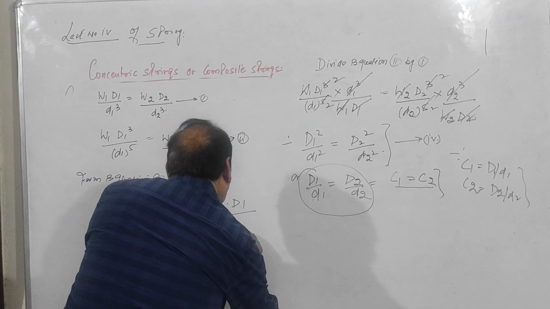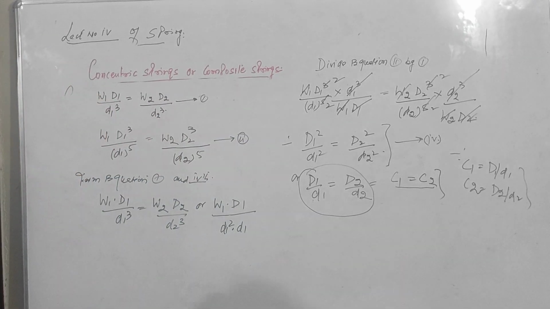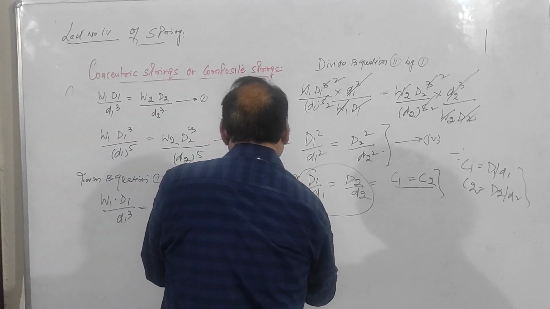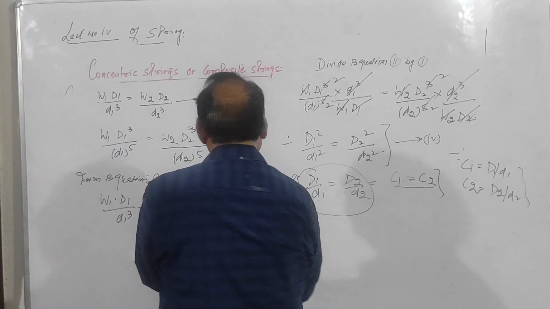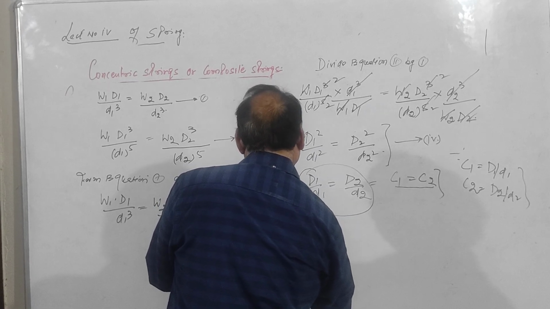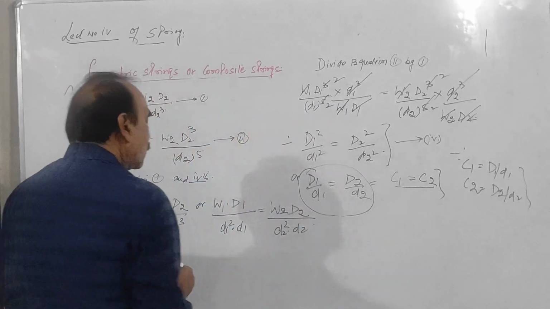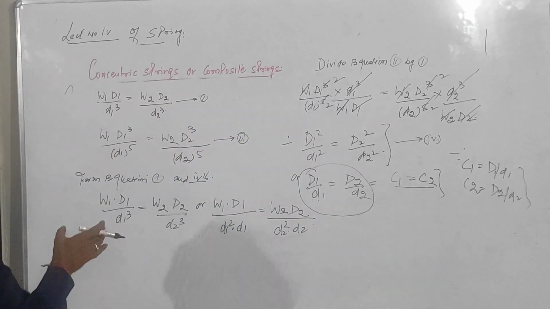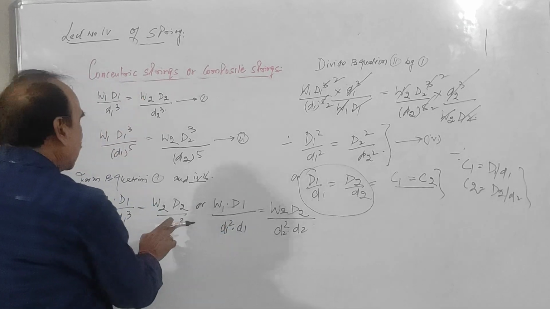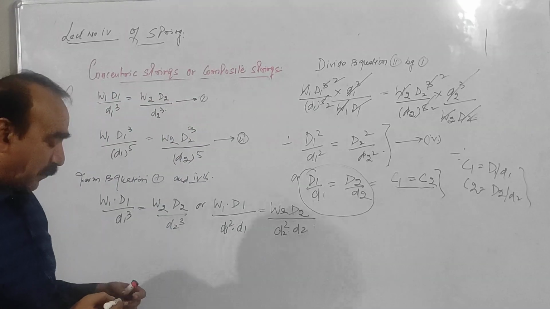D1 स्क्वायर इंटू D1, इज देयर एनी प्रॉब्लम? ठीक है. इसी तरीके से दिस इज इक्वल टू W2. अब इधर आ जाओ D2, दिस इज इक्वल टू D2 स्क्वायर इंटू D2. अब ये सोच रहे होंगे व्हाई आई हैव डिवाइडेड दिस D1 क्यूब इंटू D1 स्क्वायर इंटू D1 और D2 क्यूब इंटू D2 स्क्वायर इंटू D2. व्हाई आई डिड लाइक दिस?